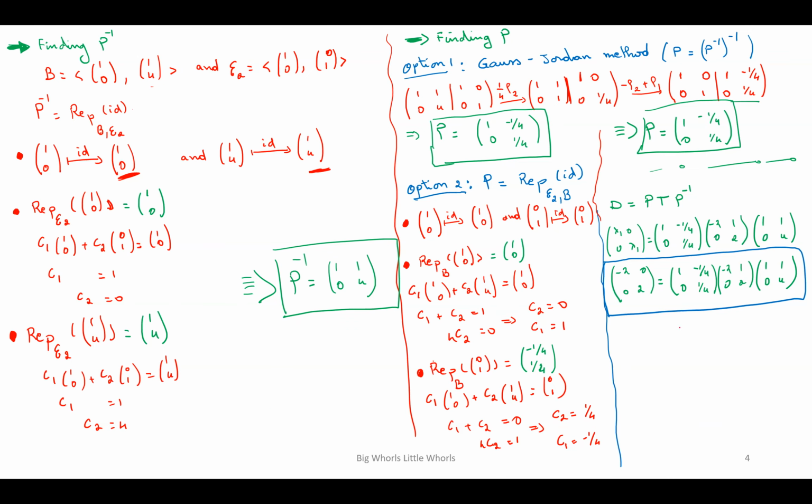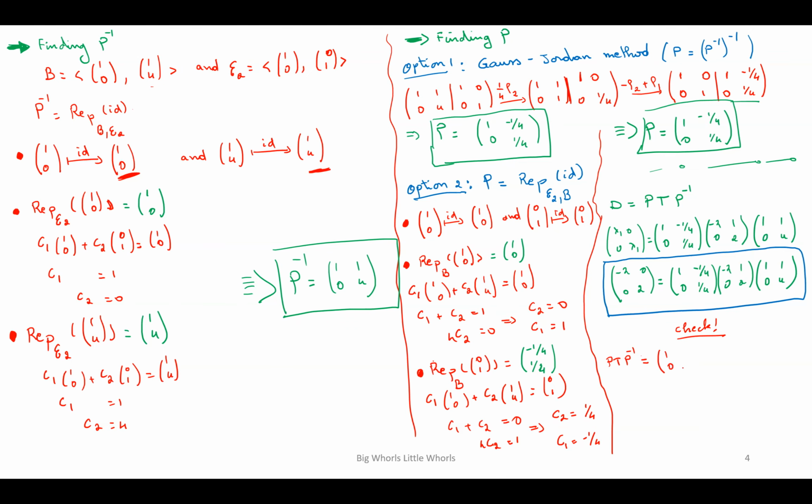Let's multiply these three matrices together. Let me be more methodical here. Let's see if P T P inverse equals the diagonal.